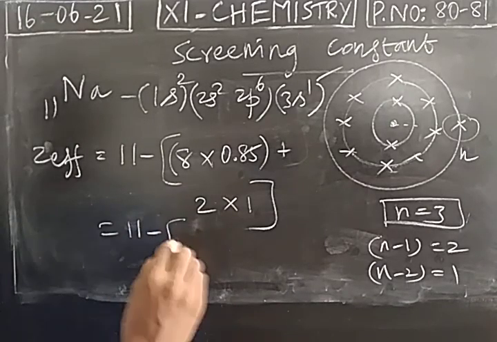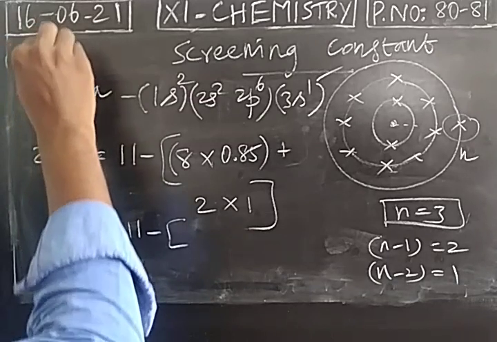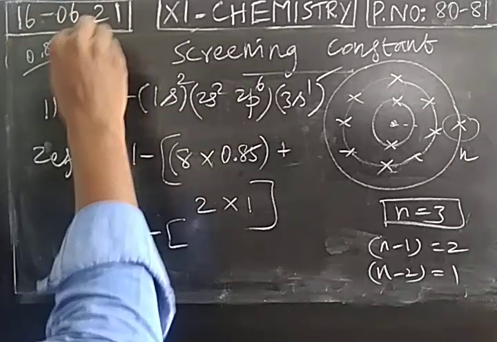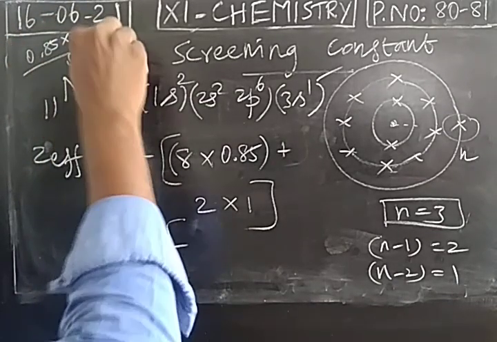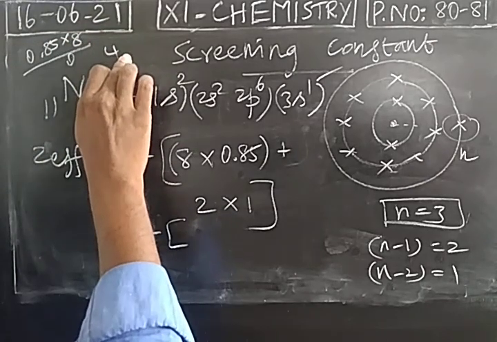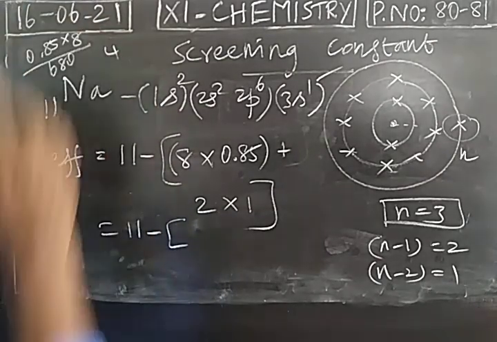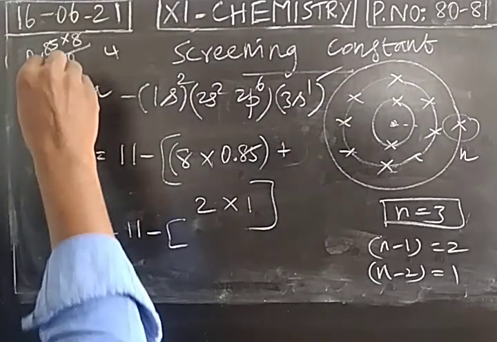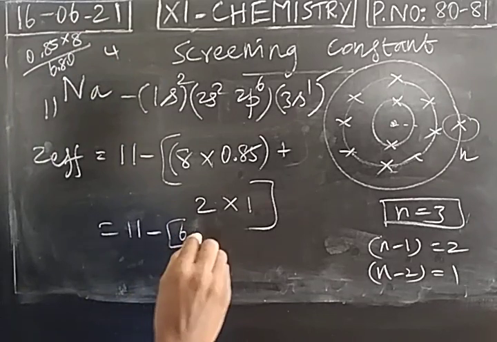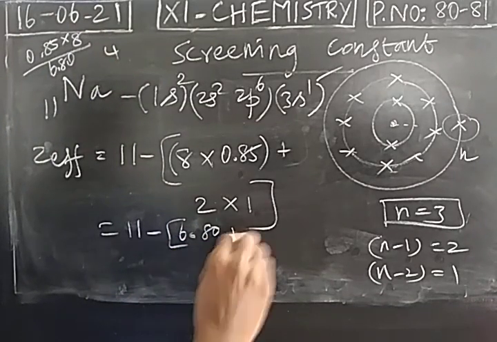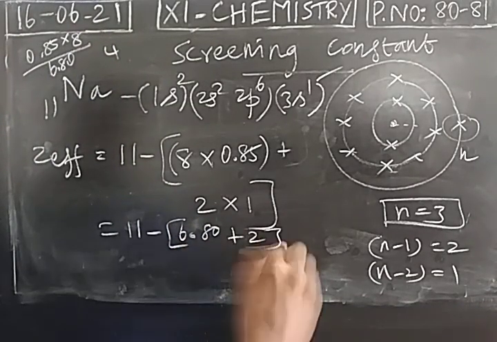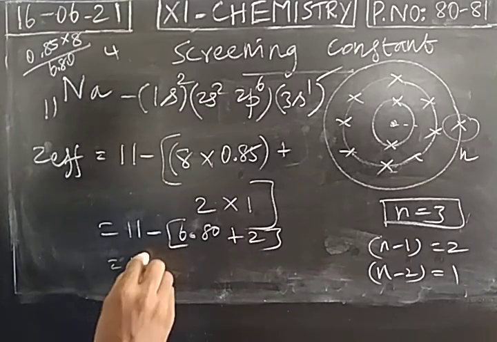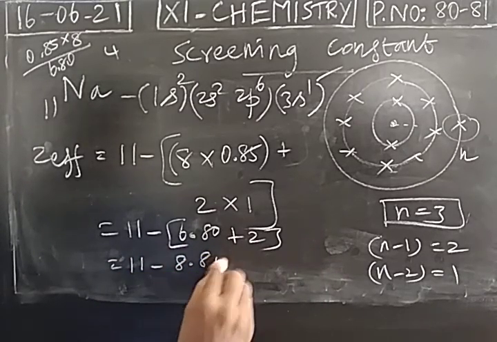So 11 minus 6.80 plus 2. So 11 minus 8.80.